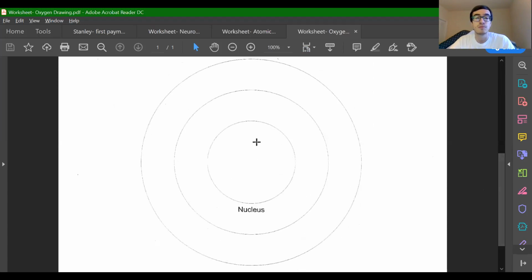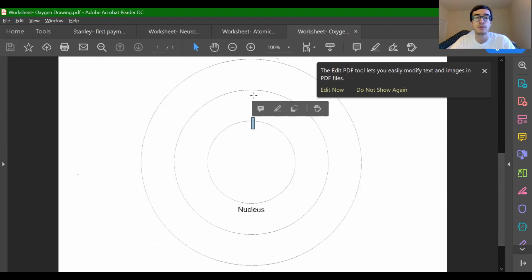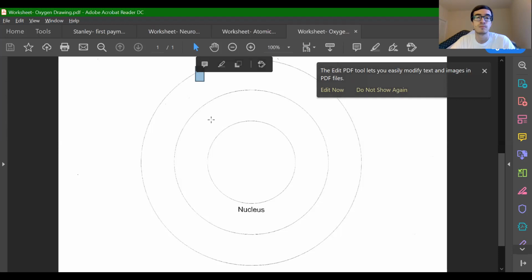So we have our kind of empty atom right here. We have our nucleus right in the middle here. And then we have our 1, 2, and 3 electron shells or rings on the outside.